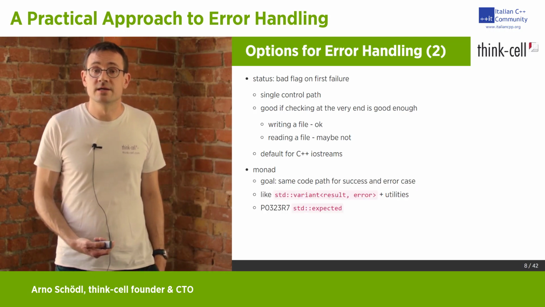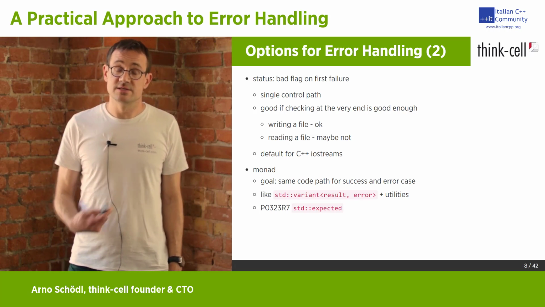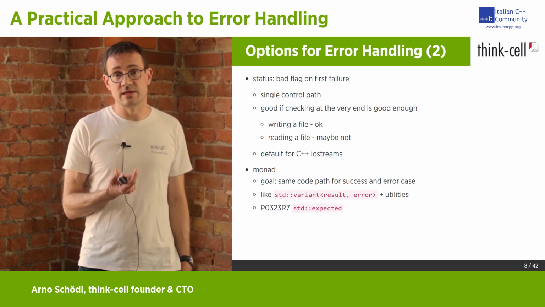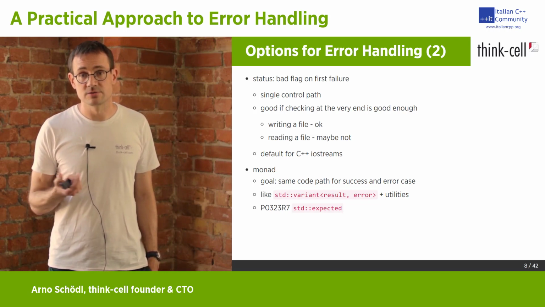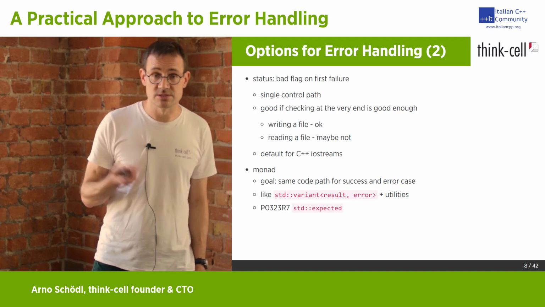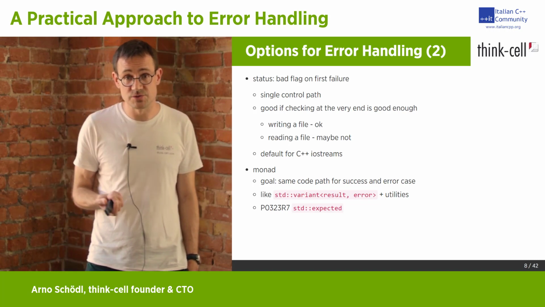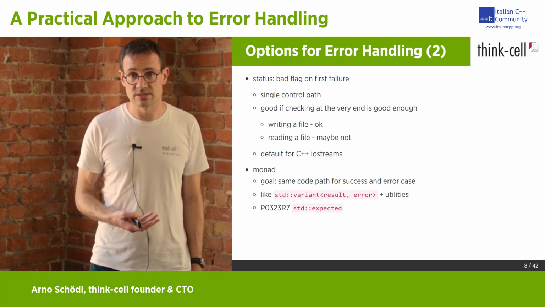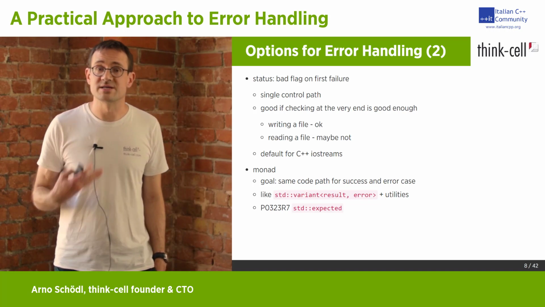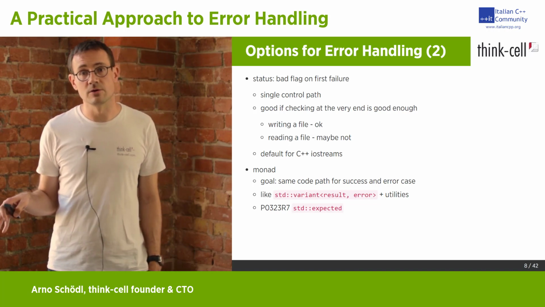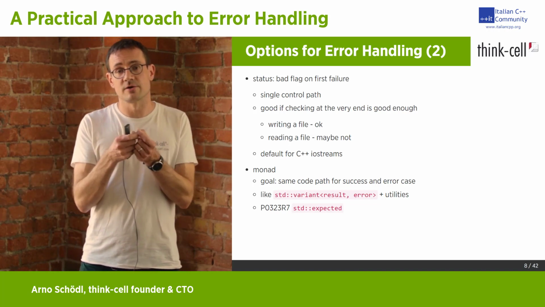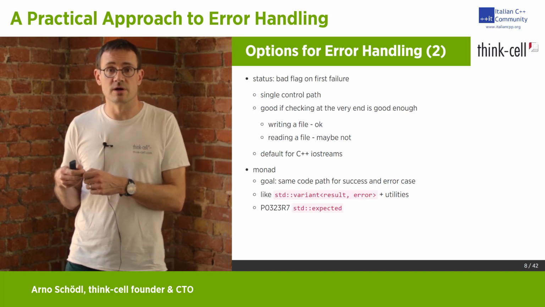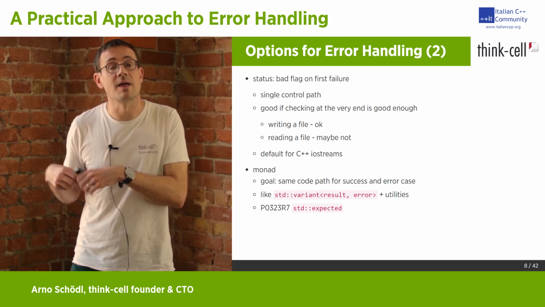Another more modern way to do error handling are monads. The idea there is that you are wrapping the result of the operation and potential error codes into one object, and it's either a result or an error. It's kind of like a variant of the two. And now you have some utilities so that when you are processing this result, you can just operate on the result and you leave the error alone. So this combination of error and result will actually percolate through your program until at some point you really want to deal with the error and unpack it.